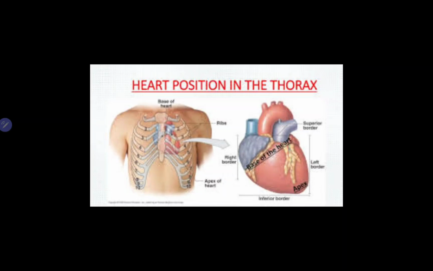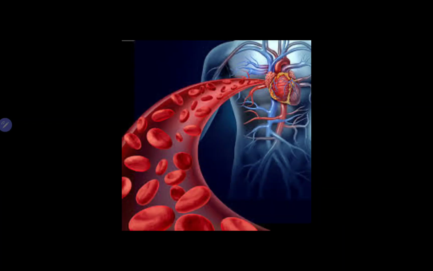After the position of the heart, let's start with the function of the heart. One of the primary functions of the human heart is to pump blood throughout the body. You can see this is the blood flow, pumped by the heart throughout the body. These are the RBC cells.